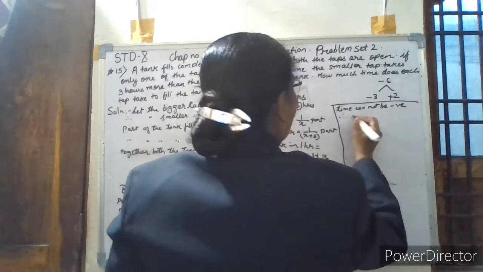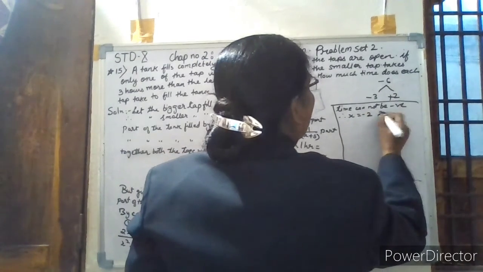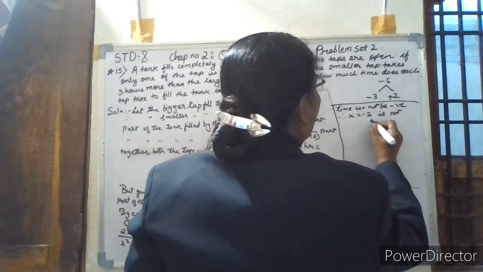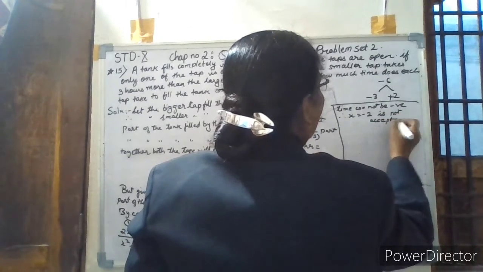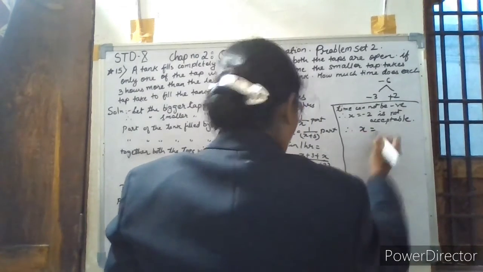Therefore, x equal to minus 2 is not acceptable. Therefore, we take the x value as equal to 3.